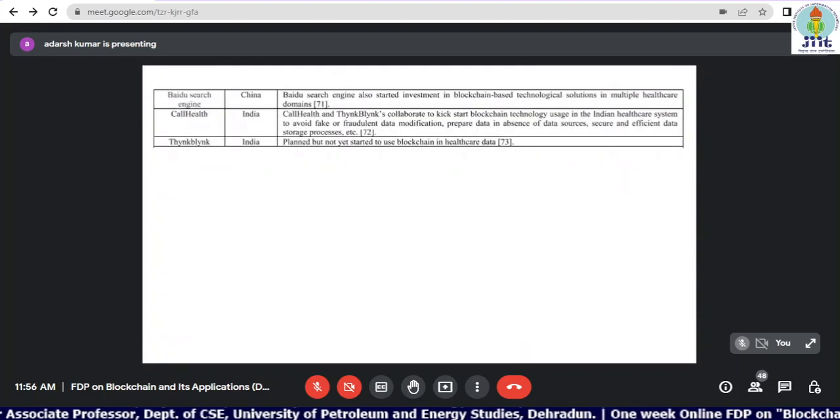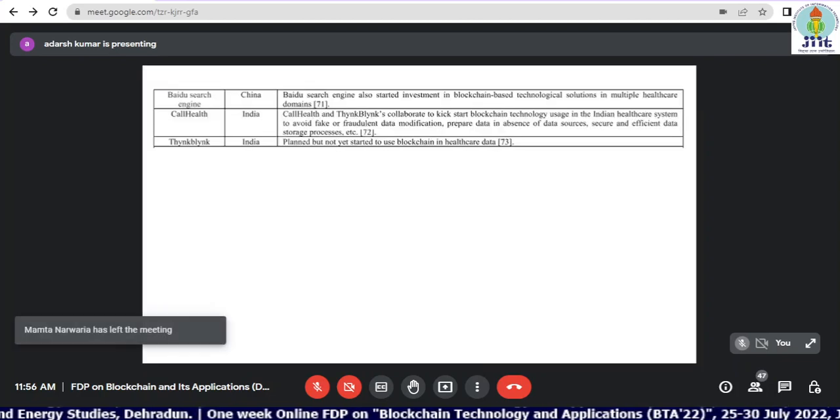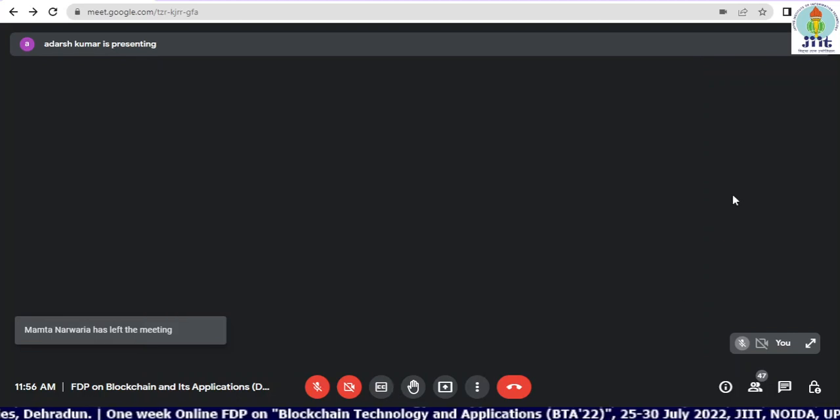If you see India, this is the observation from one of my articles in 2020. What I observed at that time, there were two major companies handling healthcare records, and they were not working on integration of blockchain technology with the healthcare sector, but they had plans.